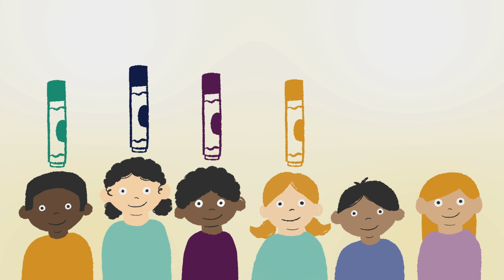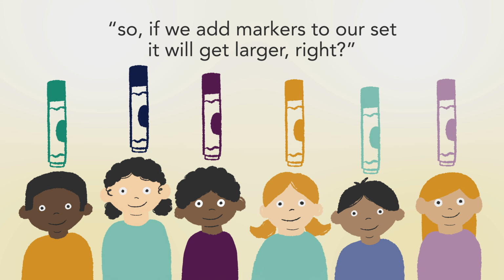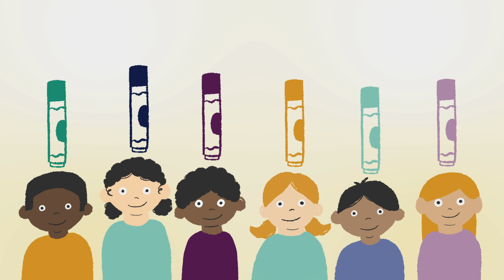Once you have a plan for bringing more markers into your set, you can pause and say aloud, "So if we add markers to our set, it will get larger, right?" Then following through and making sure both the adding process and the resulting new amount are visible to children is like a great science experiment.